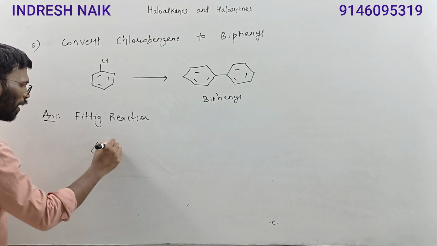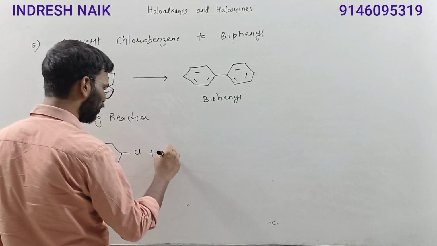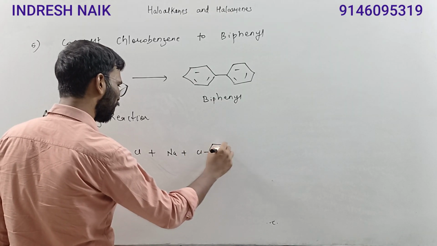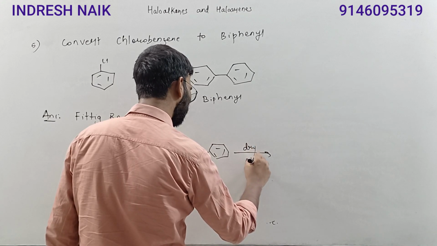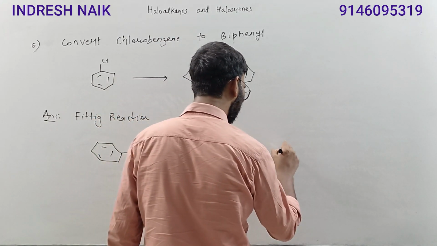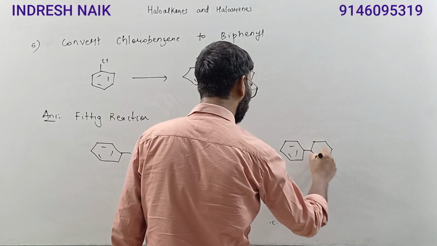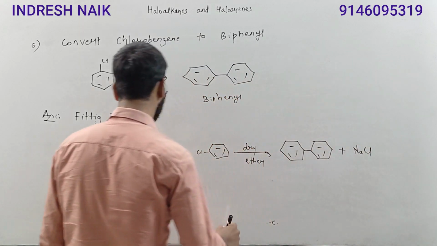You take chlorobenzene like this, as shown nicely in NCERT, chlorine, and in the presence of dry ether, what you get is phenyl connected to phenyl plus NaCl.